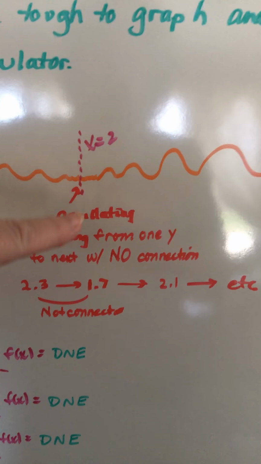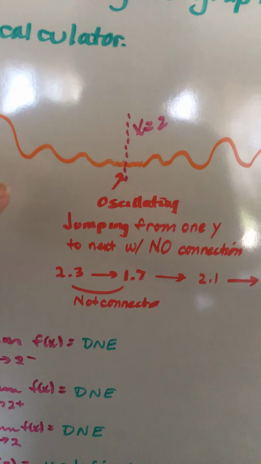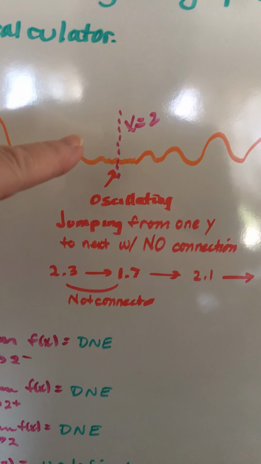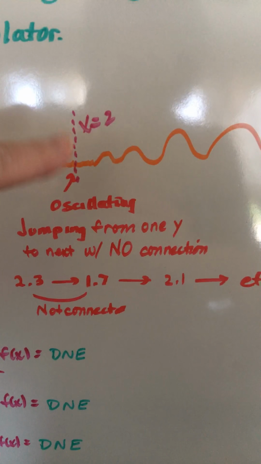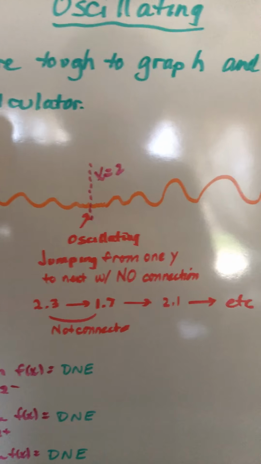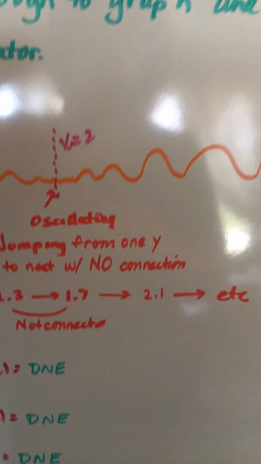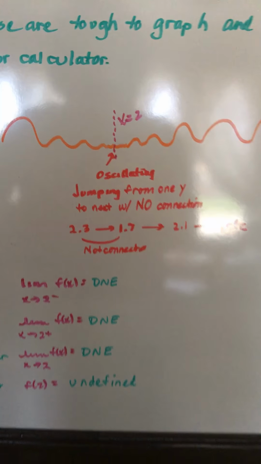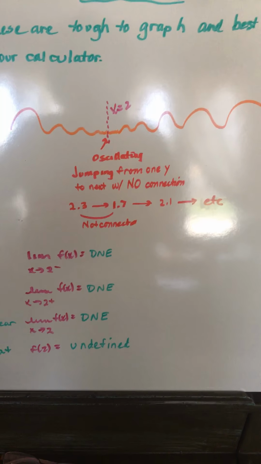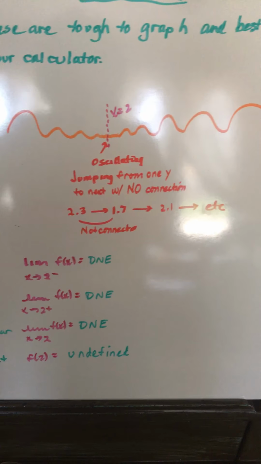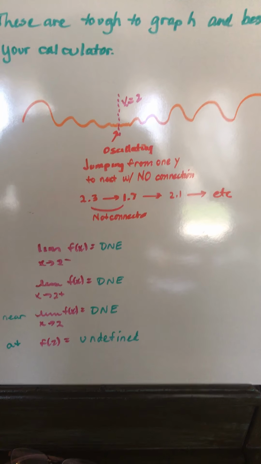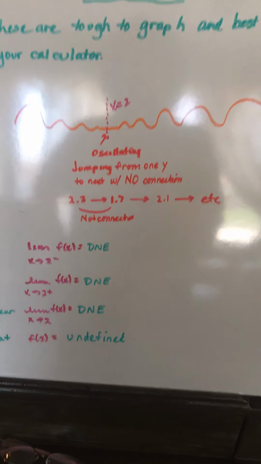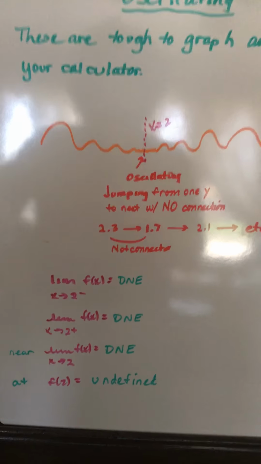It can't make up its mind. It's not nice and connected like it is over here. It just looks like an accordion squashed in. These never are connected. So all the limits do not exist, and unless I give you a piecewise function, the function value is always undefined.